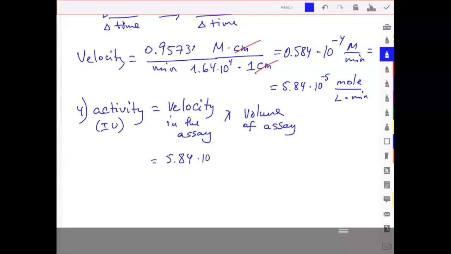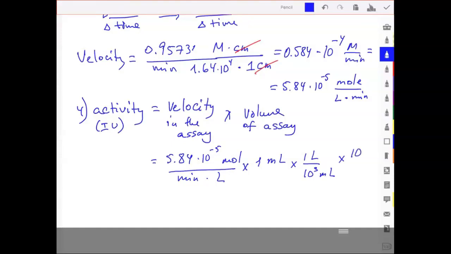All right, so from here, let's put some numbers in. 5.84 times 10 to the -5, and I'll put those units moles per minute per liter, right? And then our assay volume is going to be 1 milliliter. And then we want to convert some units, which would be 1 liter is 10 to the 3rd milliliters, right? And we need to convert our moles into micromoles.